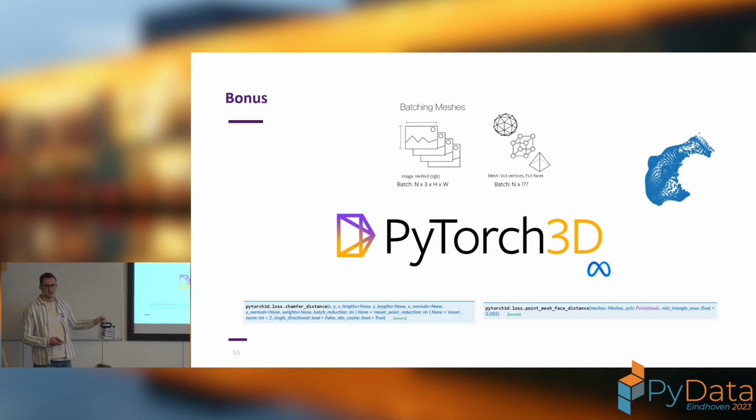As a last thing, I quickly want to mention this package, which has been published by Meta, so by Facebook Research. Again, this Open3D package really helps with these pre-processing steps, but if you really want to apply modeling, this package is really nice because it has specific 3D loss functions that have differentiable support. So you can use these to train networks, for example.